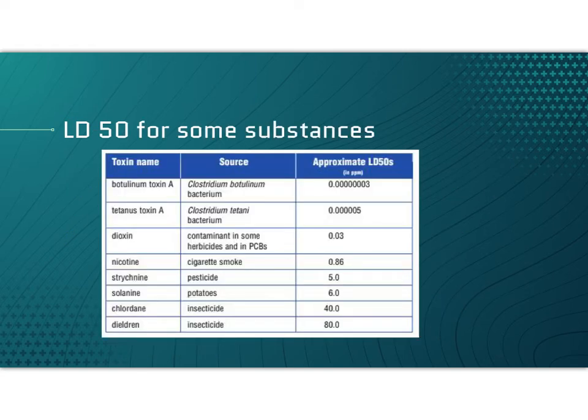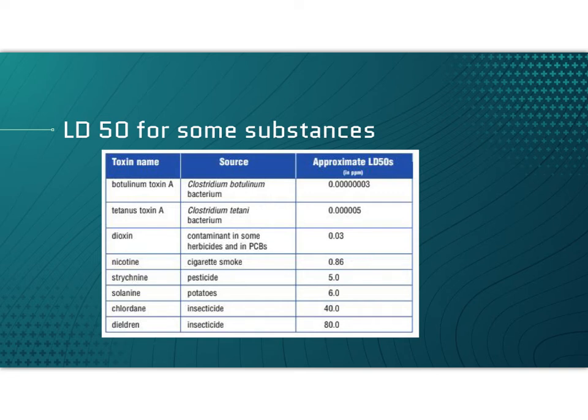The LD50 for some substances are here. So we can see, for instance, nicotine from cigarette smoke. For people, approximately 0.86 parts per million would kill 50% of a sample of people.